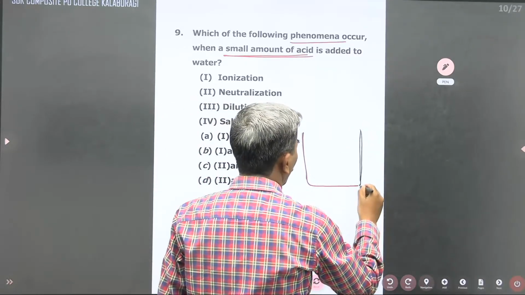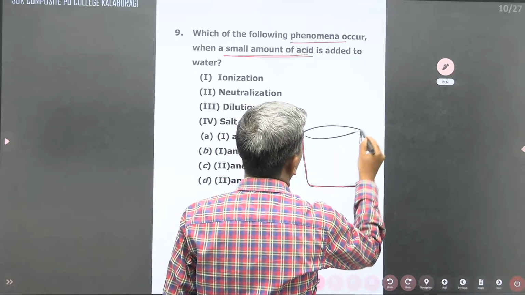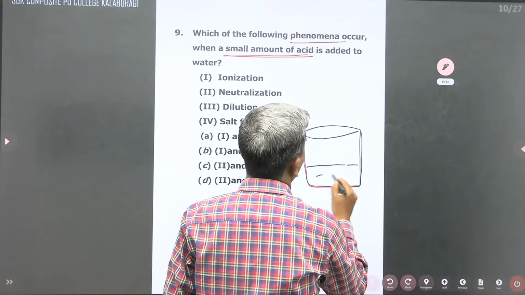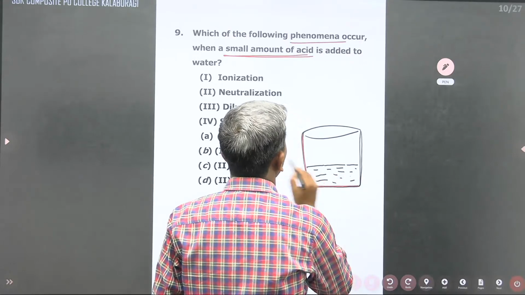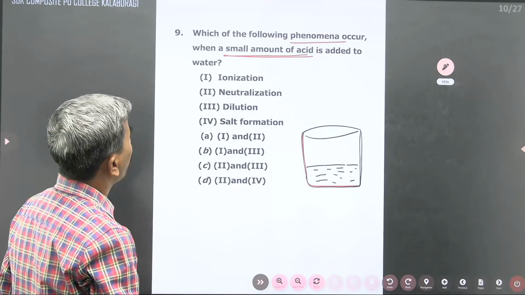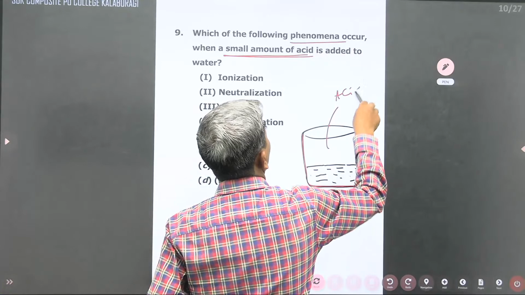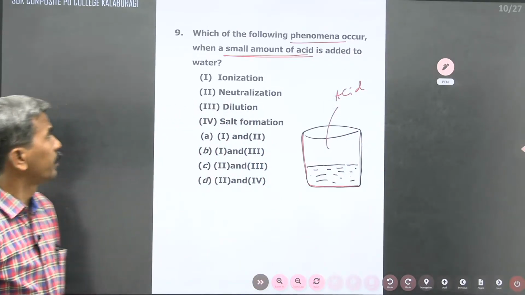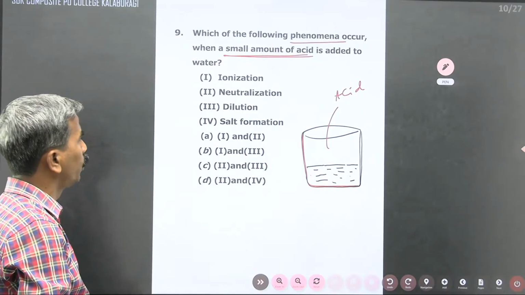Here we have a beaker containing water. To this water we are adding a small quantity of acid. The options given are ionization, neutralization, dilution, or salt formation.